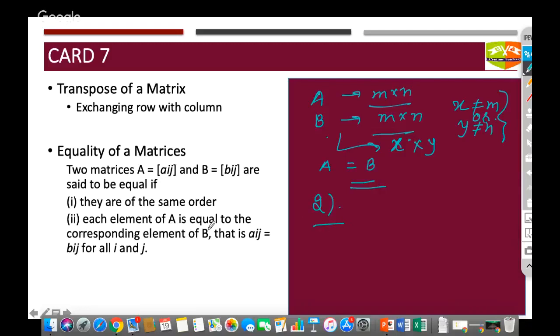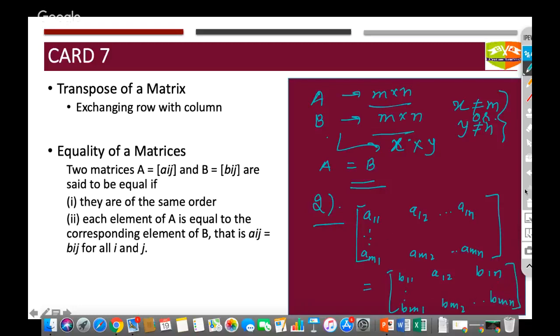The second condition is each element of A is equal to the corresponding element of B. So if I write A11, A12, up to A1n, and likewise Am1, Am2, up to Amn, and I'm making it equal to B11, B12, up to B1n, and Bm1, Bm2, up to Bmn.